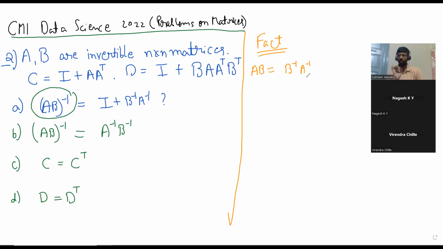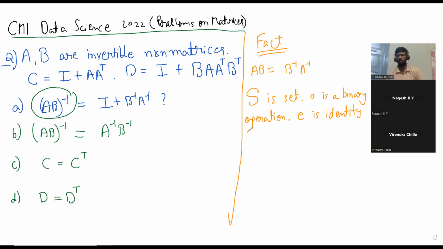So let me mention it in that general setup. Suppose S is a set, circle is a binary operation, and E is the identity, meaning identity with respect to the binary operation.